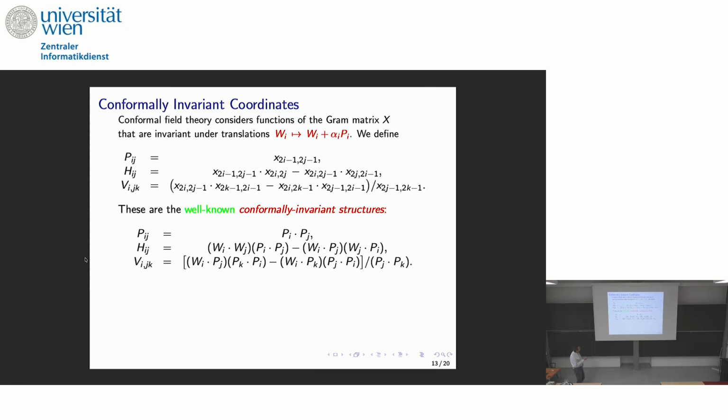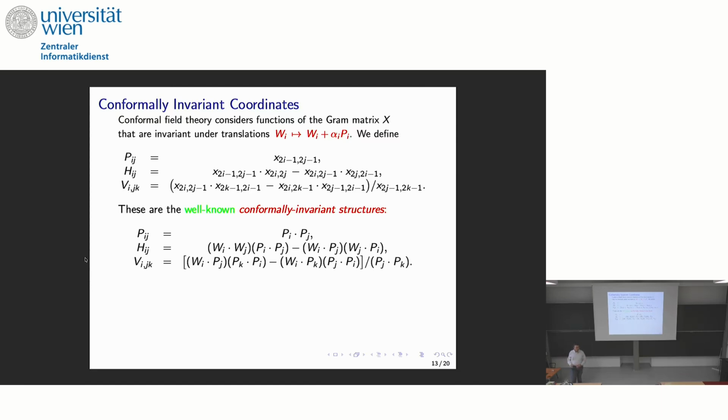Okay? And so here there are some quantities called P, H, and V. I, J, K are indices. So for example, Pi dot Pj, that's this Gram matrix entry, that's obviously invariant, right? If I shift the W, that doesn't do anything to the P, so this dot product is invariant. Now this particular 2 by 2 minor of the Gram matrix is also invariant.